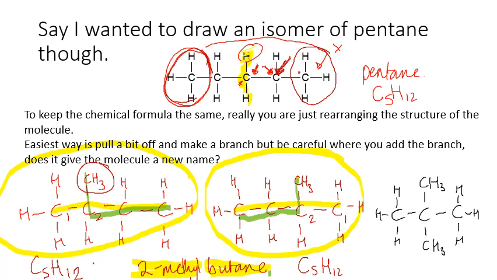So we have got how many carbons? 5 carbons, so C5 is what we've got. And how many hydrogens? 3, 6, 9, 12. So we've still got our 12 hydrogens.